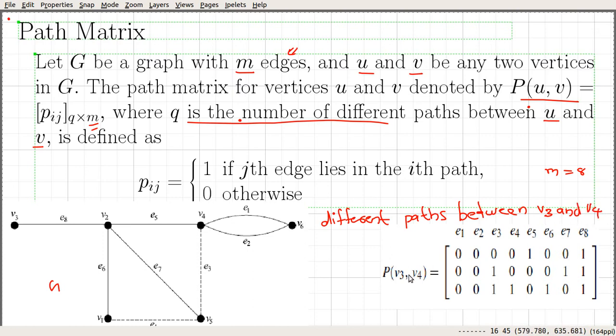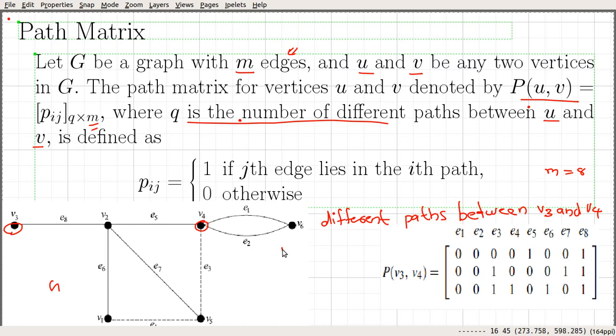This is the path matrix of this graph between these two vertices v3 and v4. So let's consider different paths between v3 and v4.